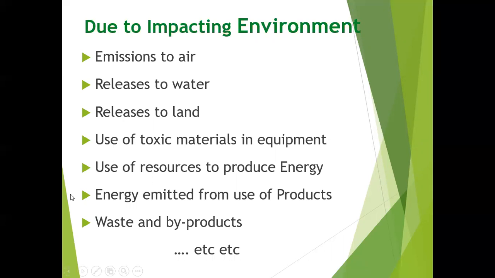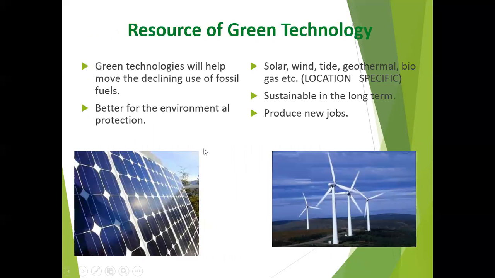All these are about how we can minimize the damage. Green technologies will reduce the use of fossil fuels. We don't want to use petroleum anymore. We try to go into solar energy. And because we are sitting in Malaysia, we have ample wind.